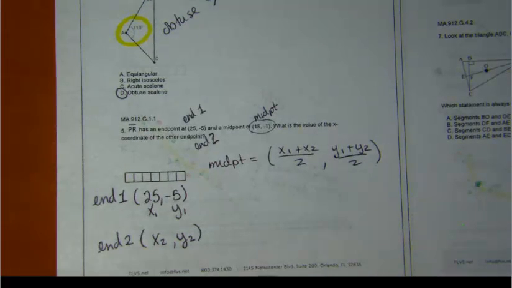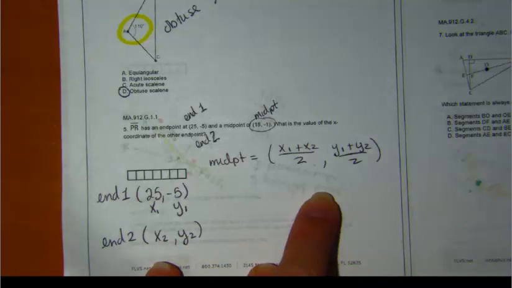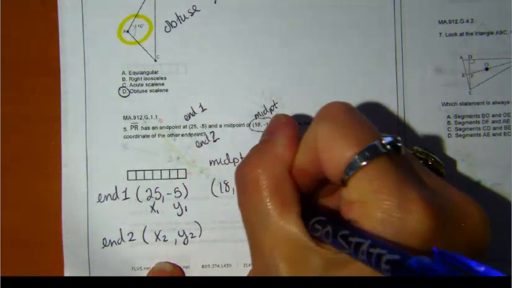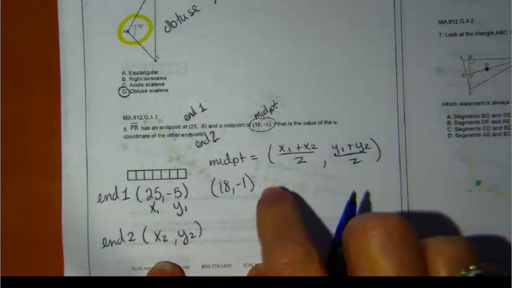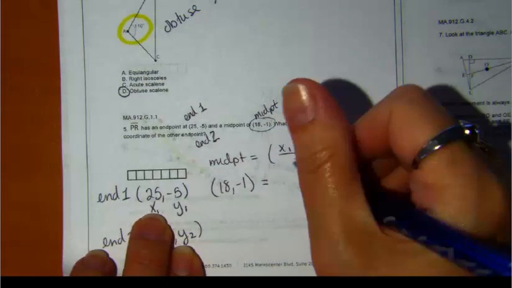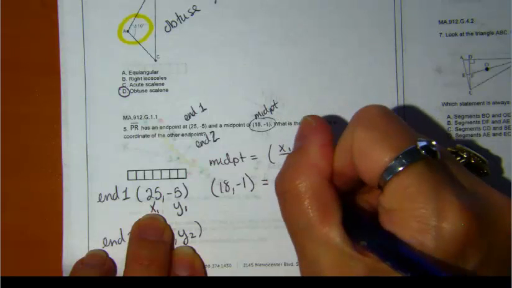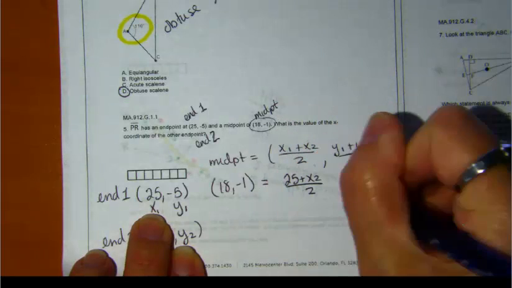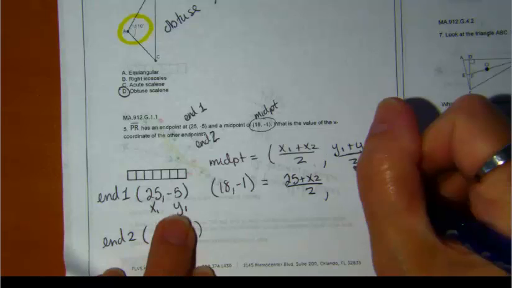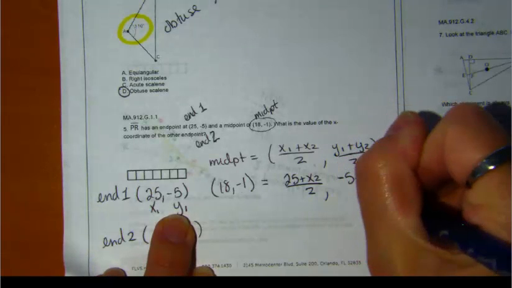I'm going to plug in the information that I have. Our midpoint is 18, negative 1. Our end 1, x1 is 25. I don't know x2. y1 is negative 5. I don't know y2.